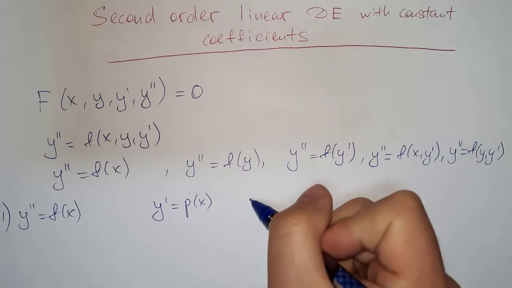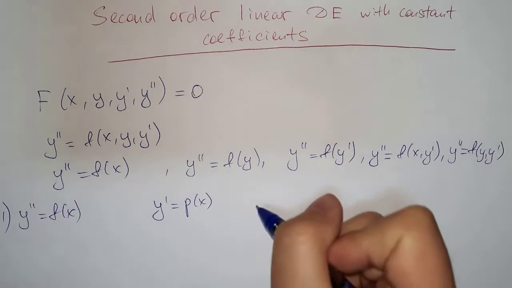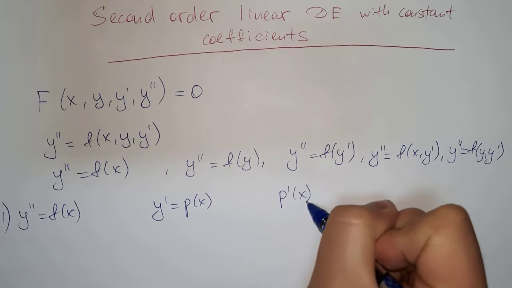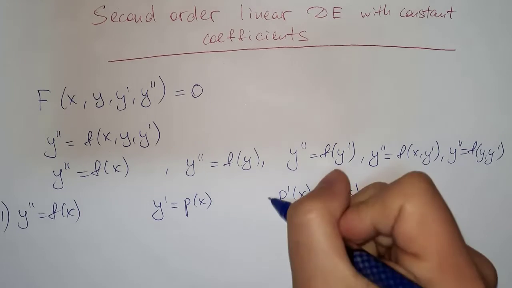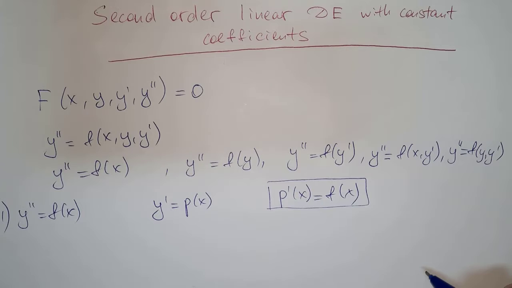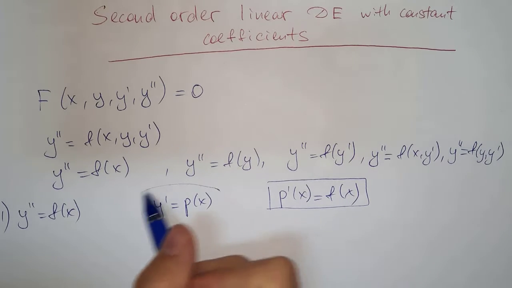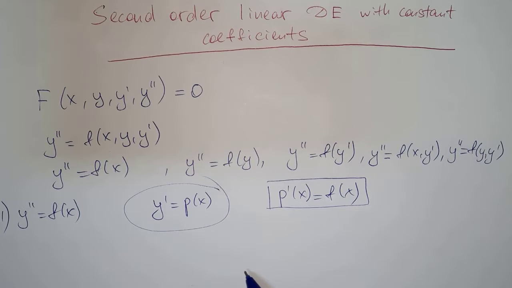As a result we have p prime of x is f of x. Solving this equation, we can find the function p of x, and then we solve the equation y prime equals p of x, and we will obtain a general solution of our given equation.